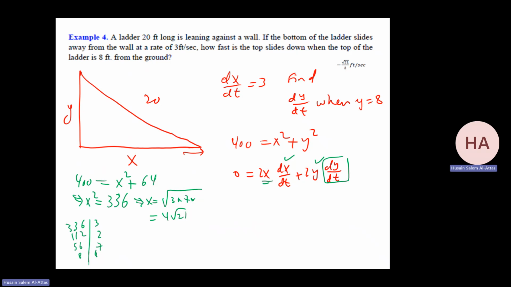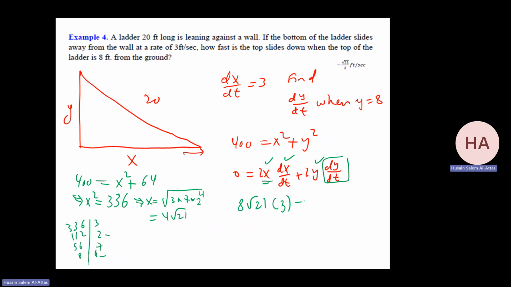Yeah, it's not a nice number. It's okay. 8 square root of 21.